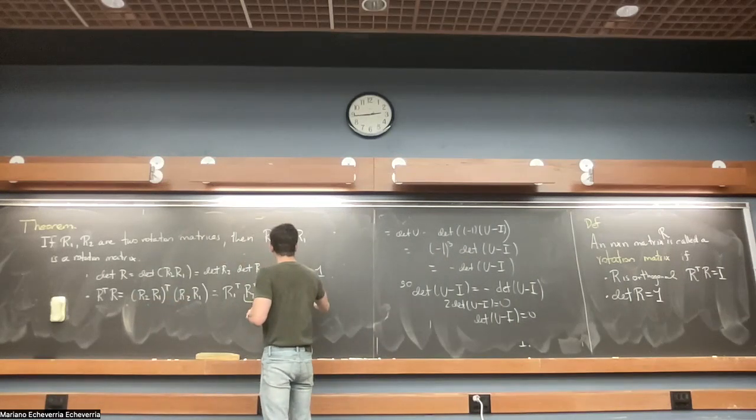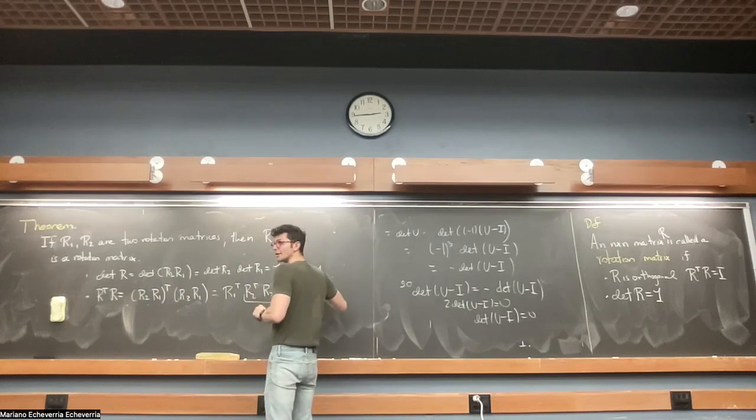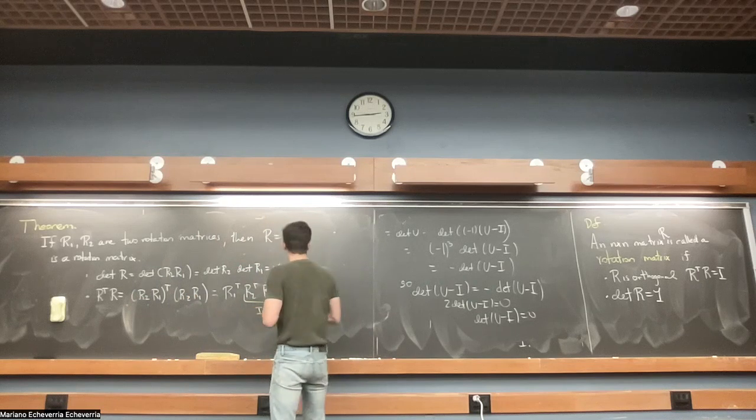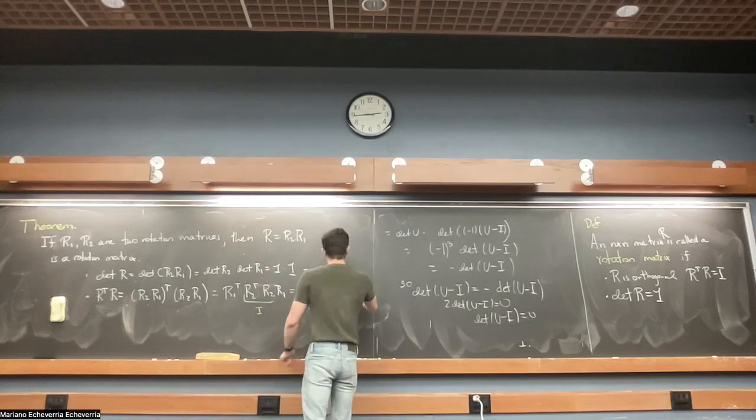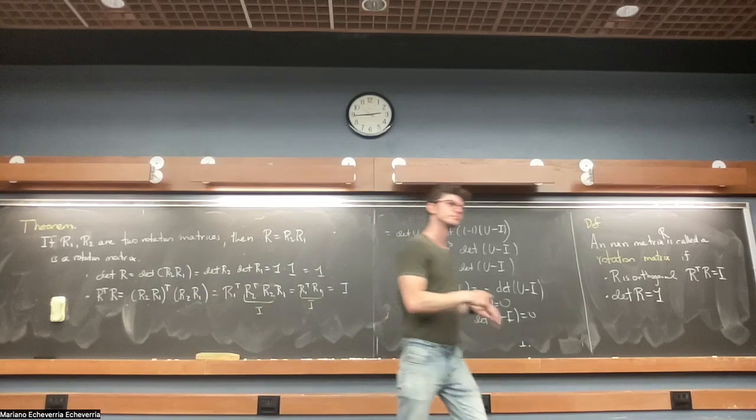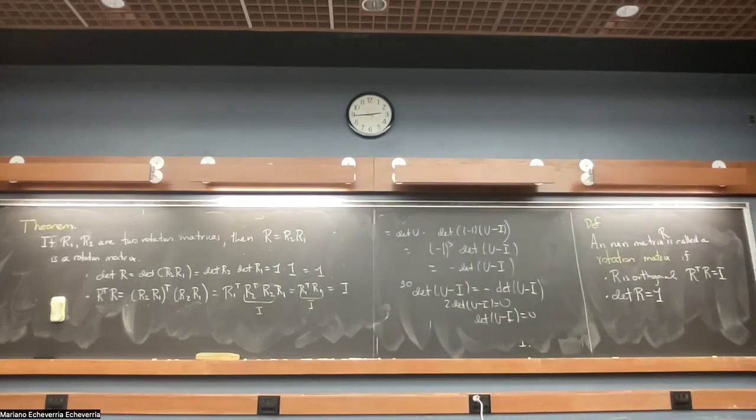So you get R1 transpose R1, and that's also again identity because it's a rotation matrix. So you just get identity. Okay. Is that making sense?